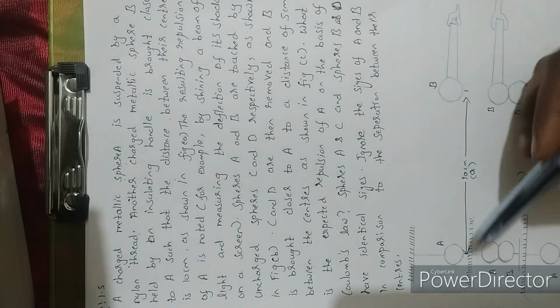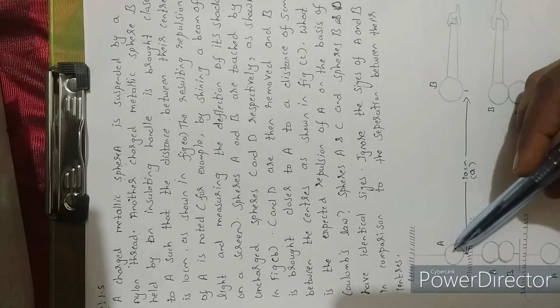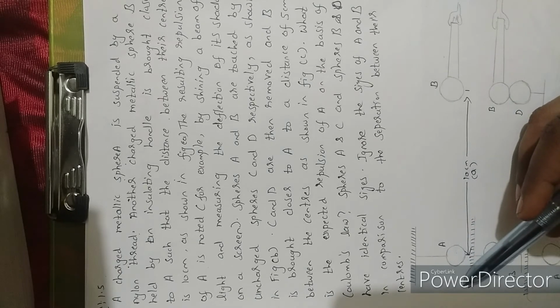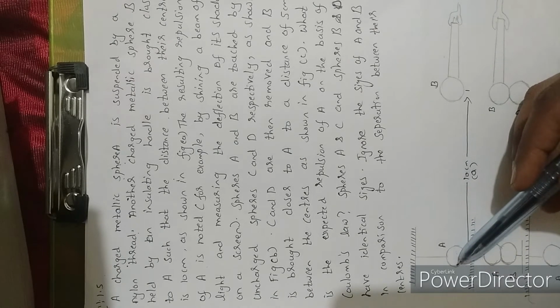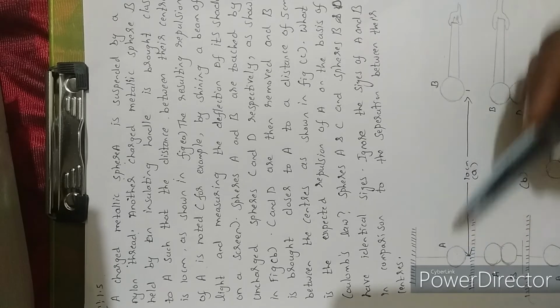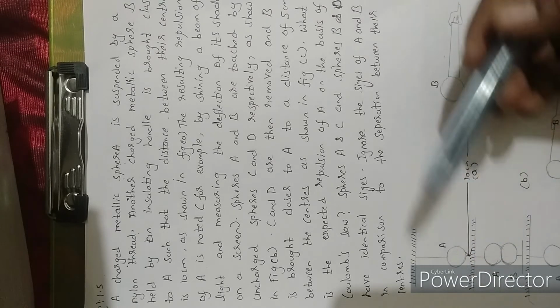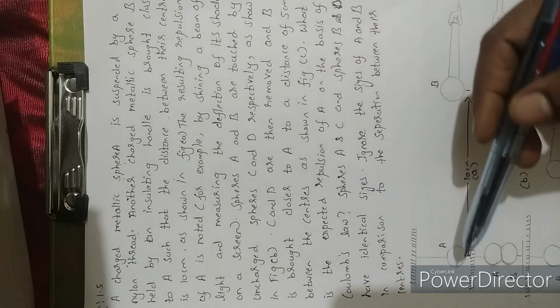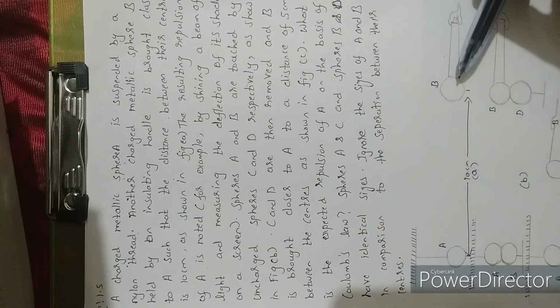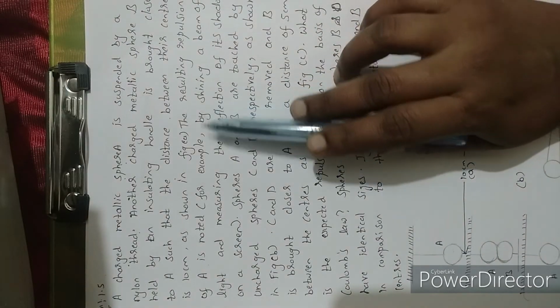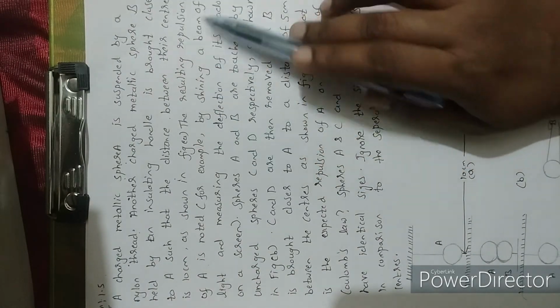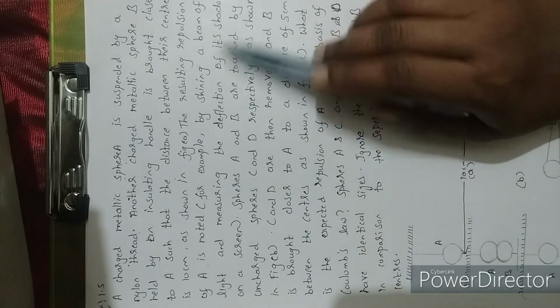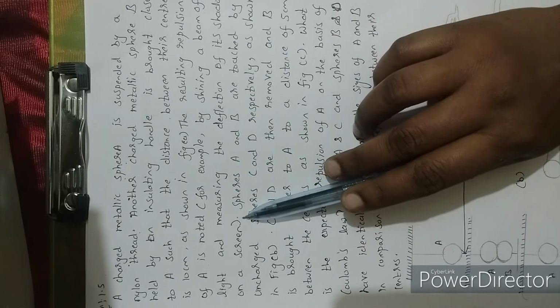They will shine a light over A, and when A is moving, the shadow will be moving over a horizontal scale. From that horizontal scale, we can measure how much the sphere A is moving because of the repulsive force of B. So that's what they have given you.